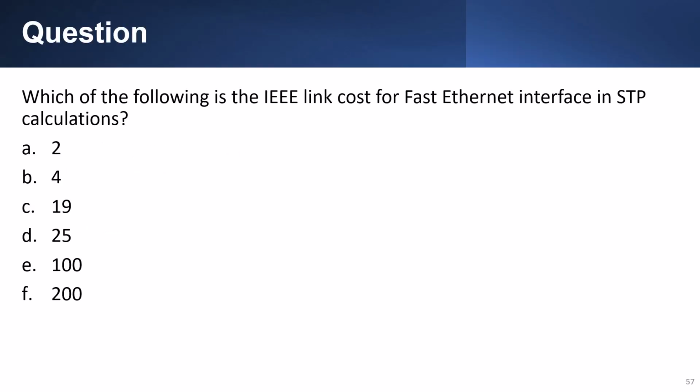Question: which of the following is the IEEE link cost for a Fast Ethernet interface in STP calculations? Answer: 19.